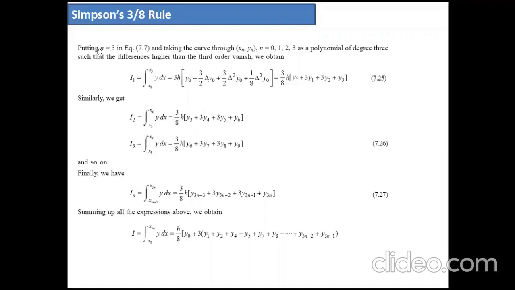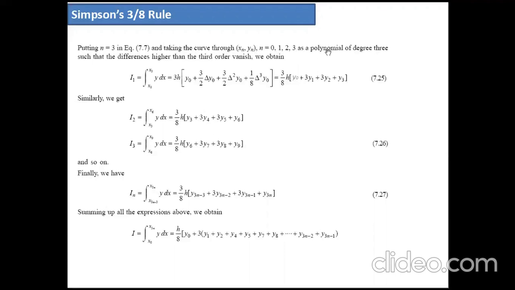You can see putting n is equal to 3 in equation 7.7 and taking the curve through points. You can count the points. n is from 0, 1 to 3. So points are x0, y0, x1, y1, x2, y2, x3, y3. Total number of points is 4. So the number of intervals is 3.